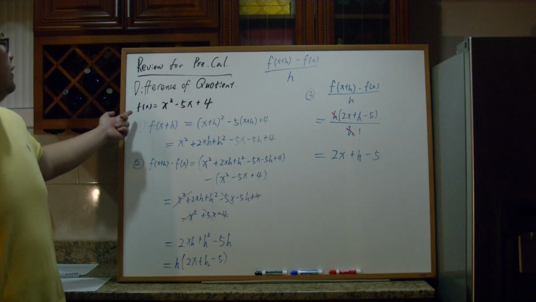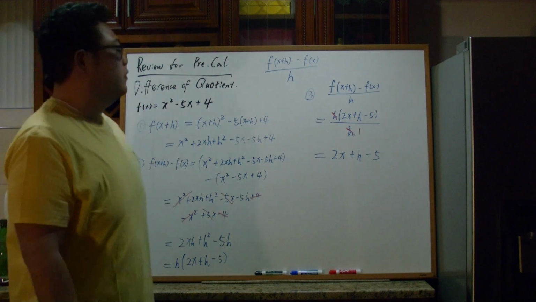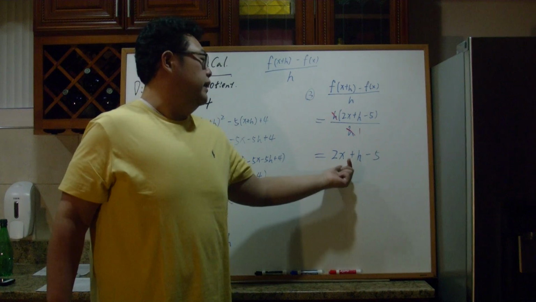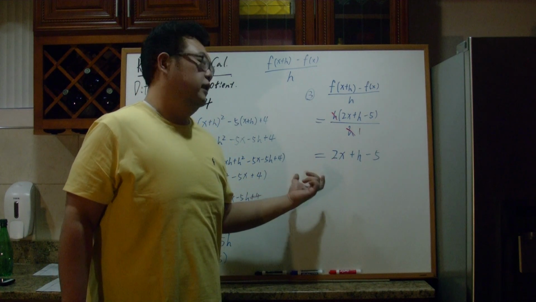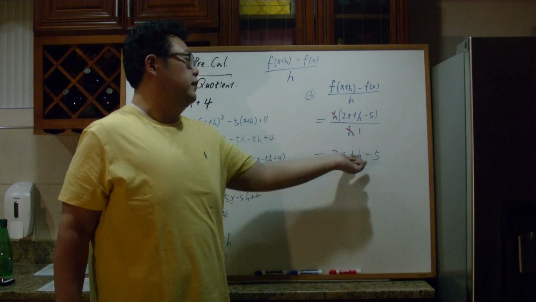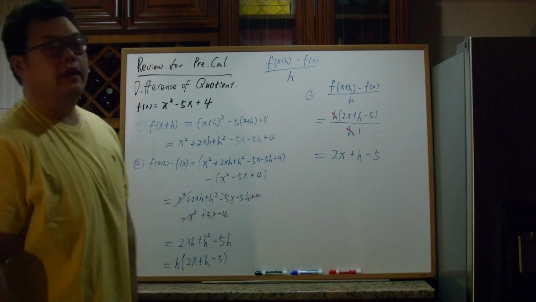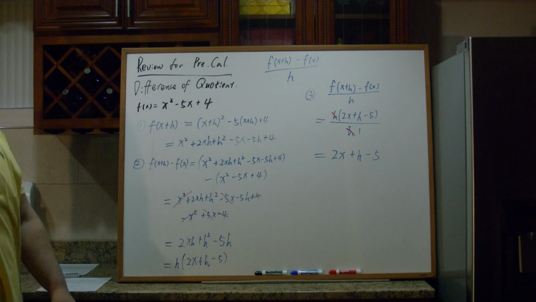So for the function f of x equals x squared minus 5x plus 4, the difference quotient, where x is the arbitrary variable and h is the difference of x values, is the expression 2x plus h minus 5 as the slope of the secant line.